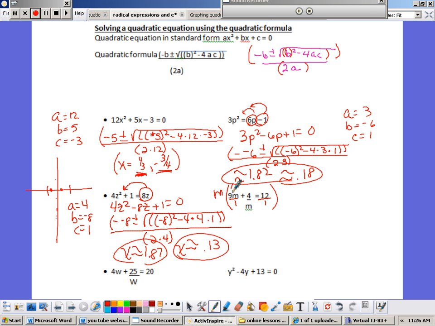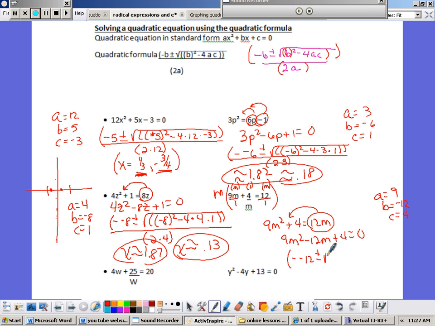So this times this will give me this an m. This will get a 1. This will get an m. So I get 9m squared plus 4 equals 12m. Move my 12m over. 9m squared minus 12m plus 4 equals 0. A is 9, B is negative 12, C is 4. Okay, let's go.